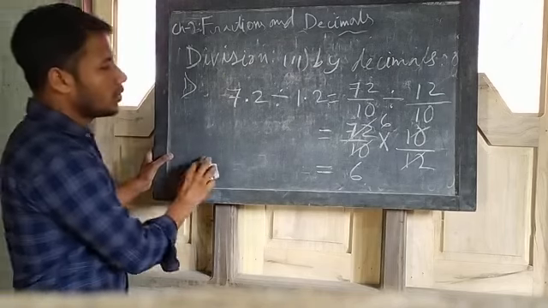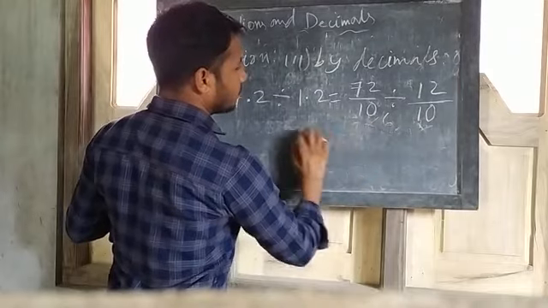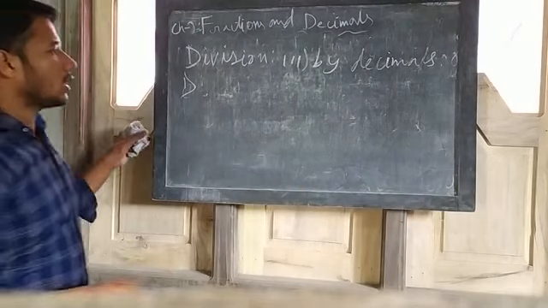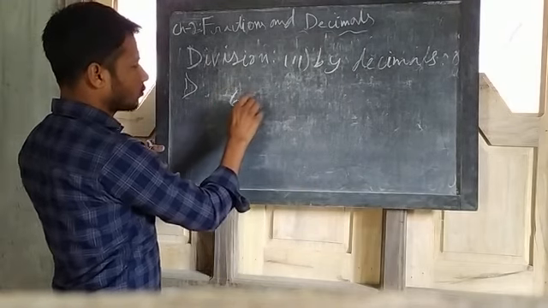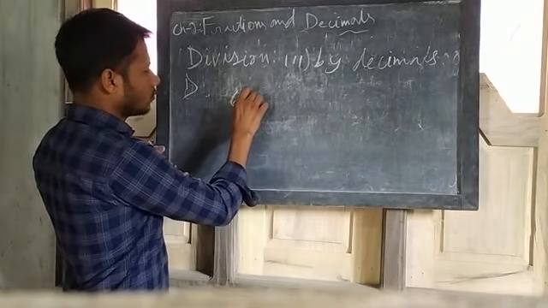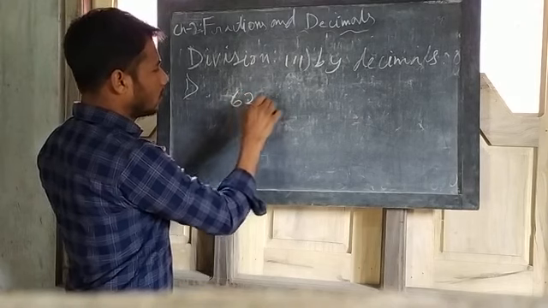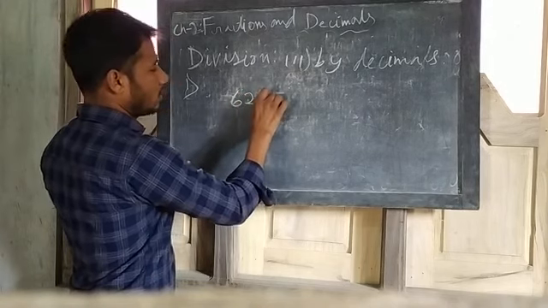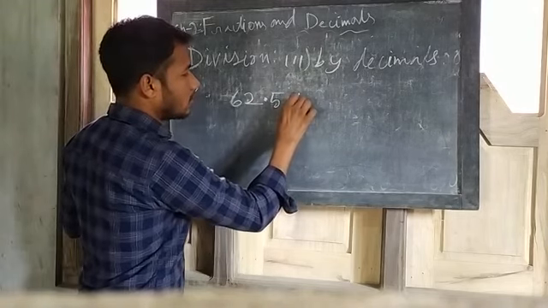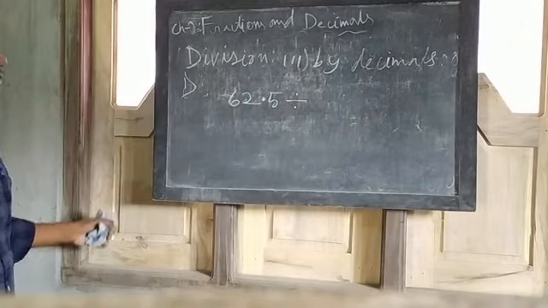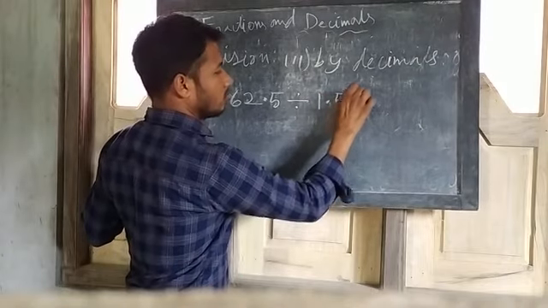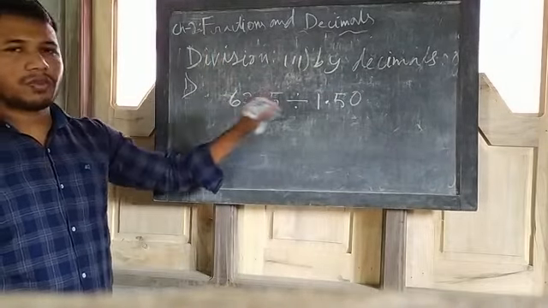So by decimal number, we will see another example. Okay. See another example. Divide 62.5 by 1.50.